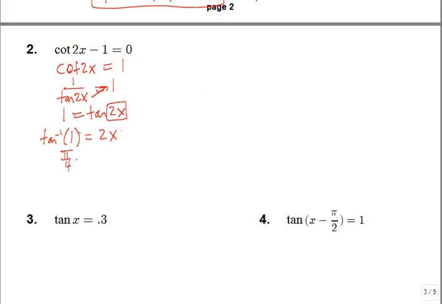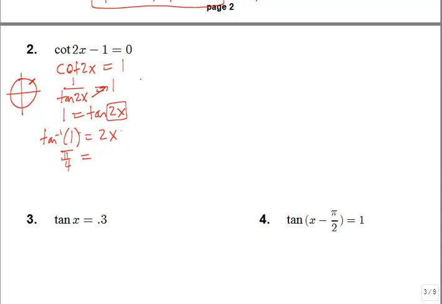Now that's just the answer in quadrant 1, but there are other places where tangent is positive 1, and that would also be in quadrant 3 as well. But I'm going to suggest to you here to think about the period of tangent before we proceed. And this is a kind of tricky problem, and I'm going to show you why.